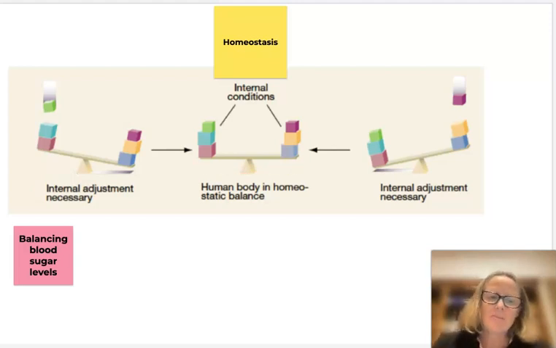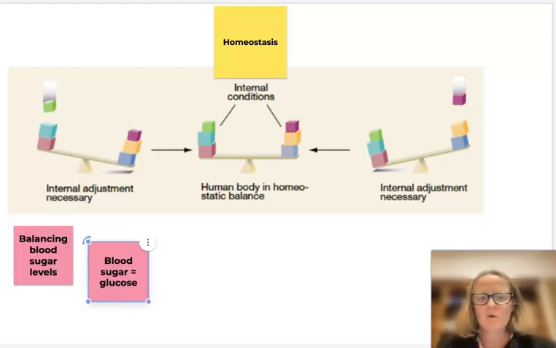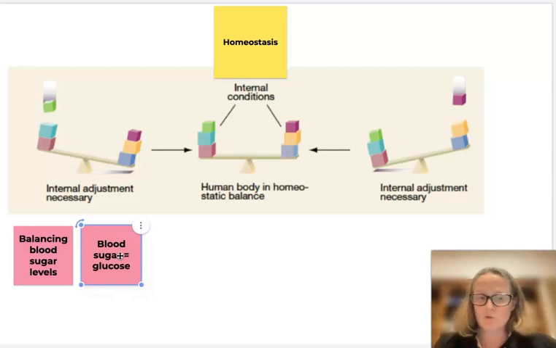When we're thinking about balancing blood sugar levels, we need to think about what exactly blood sugar is. Well, blood sugar is also known as glucose. We need to keep the levels just perfect because our body always needs a supply of food.